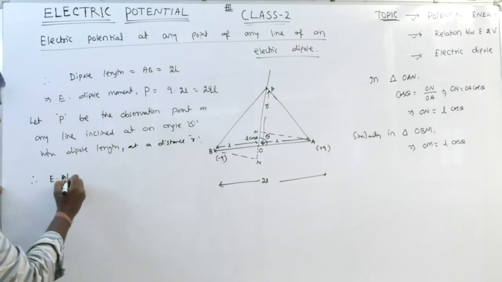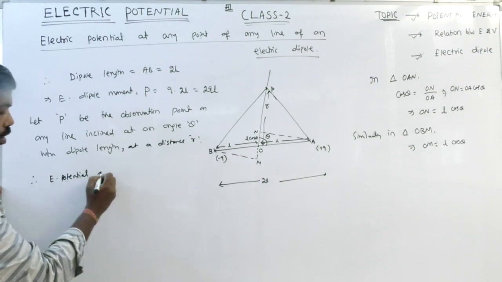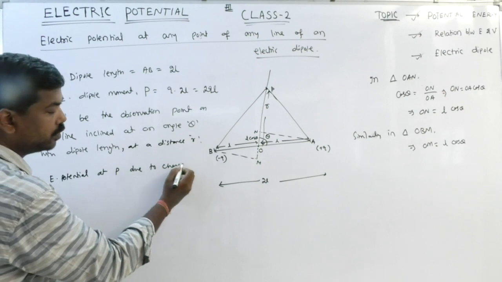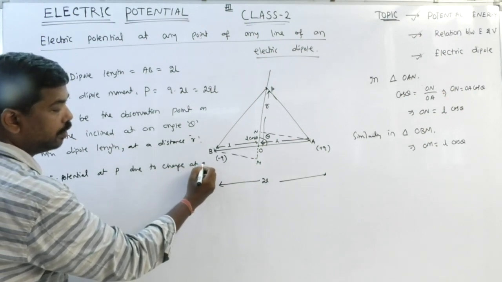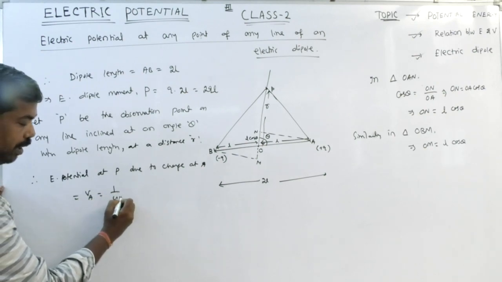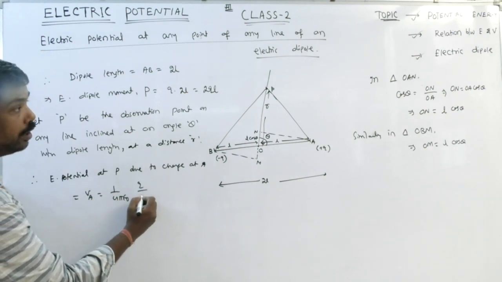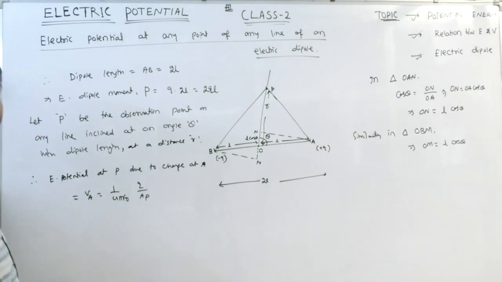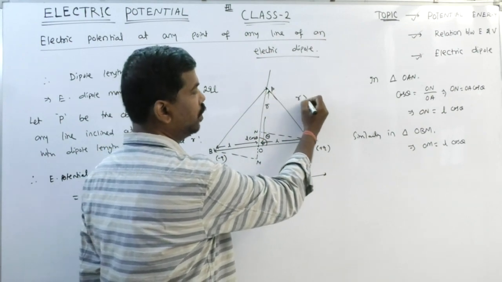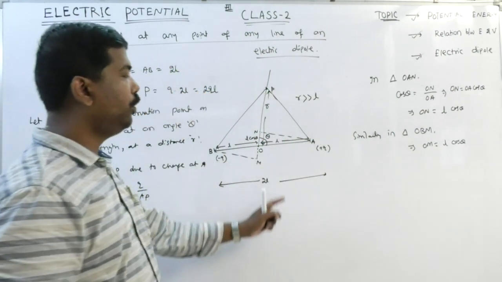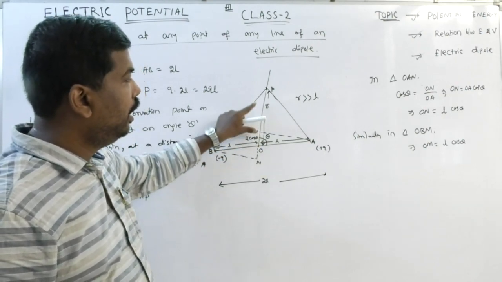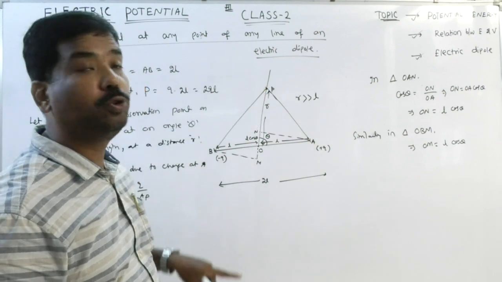Therefore, electric potential at P due to charge at A is V_A equal to 1 by 4 pi epsilon 0 q by AP. Listen to me, as r is very large compared to L, we can assume that this theta angle is very small, so I can assume that AP is approximately equal to PN.